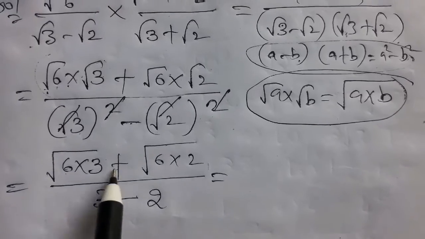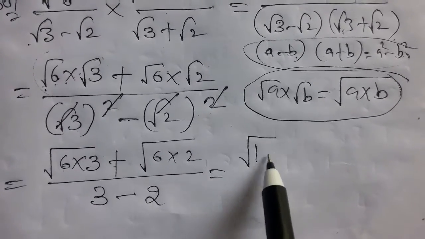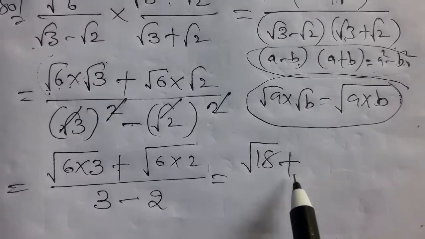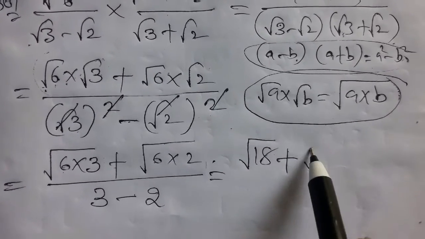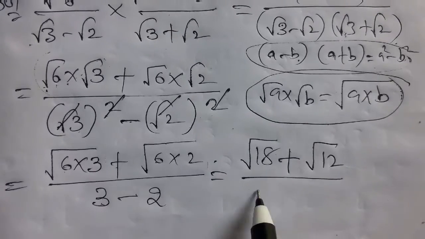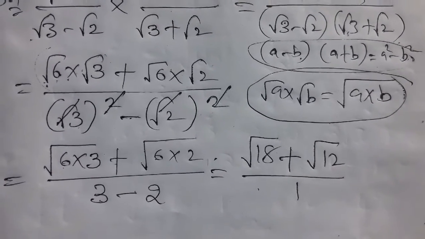Now 6 3s are 18, root 18 plus 6 2s are 12, root 12 by 3 minus 2 means 1.